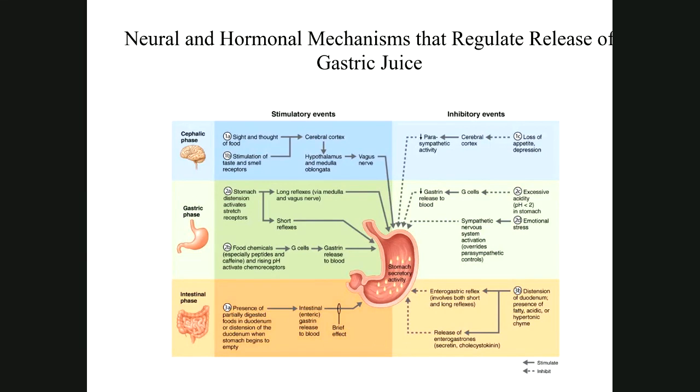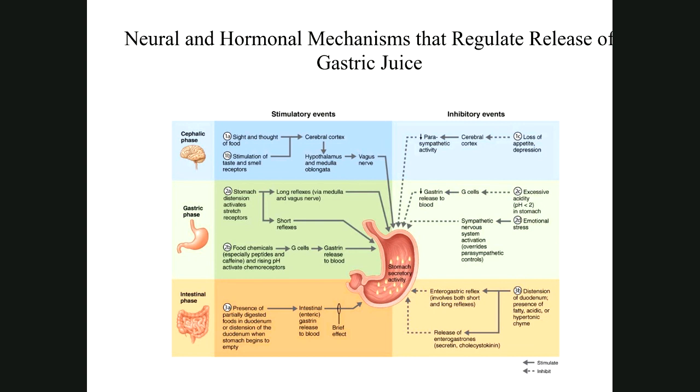Low pH will inhibit the gastrin secretions, and this happens during digestion, as the final products inhibit their own production.